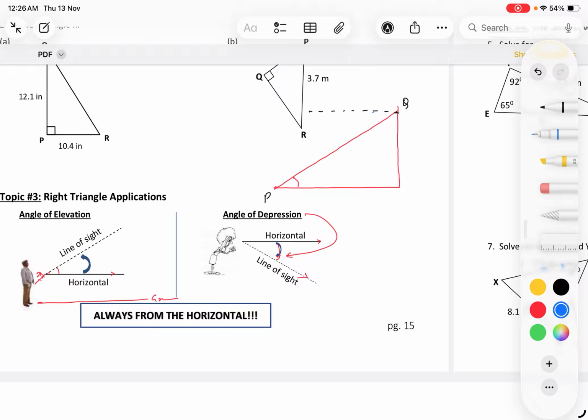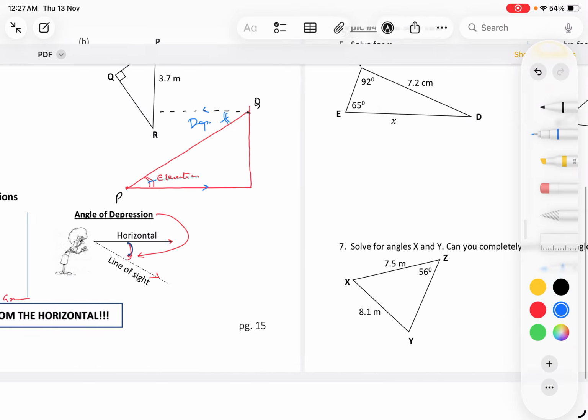Say this blue one, and this marked with red is the angle of elevation, and that one is depression. Observe that these two angles are what? They are alternate angles, because both these horizontals are parallel to each other. So it forms an alternate pair of angles. Both of them are equal.